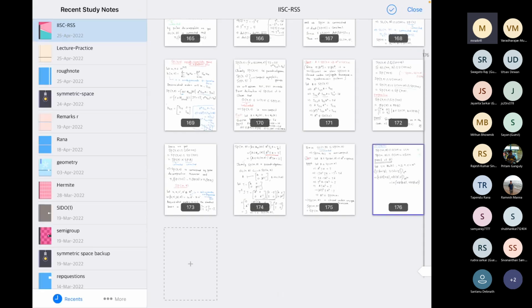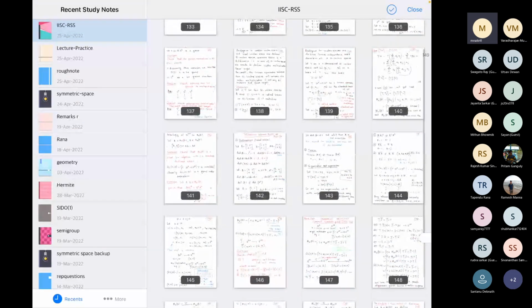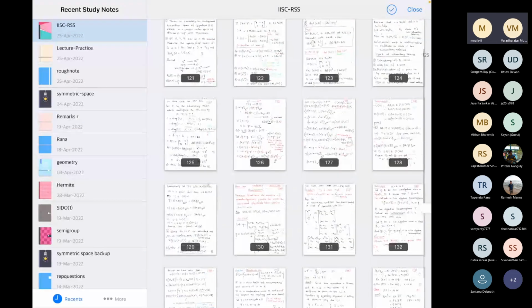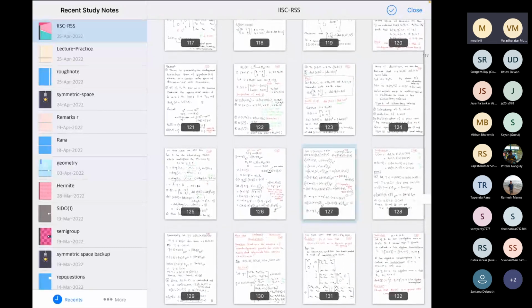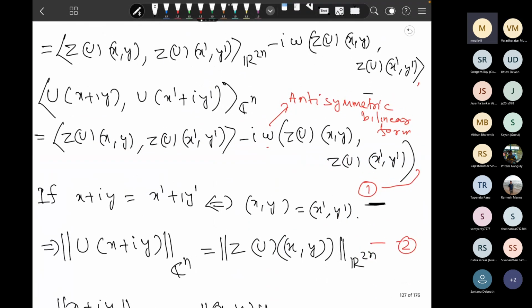Let me show that. Look at this relation: the inner product of U(x + iy) with U(x' + iy') is equal to the inner product of Z_U(x, y) with Z_U(x', y'), and this inner product is on R^2n.